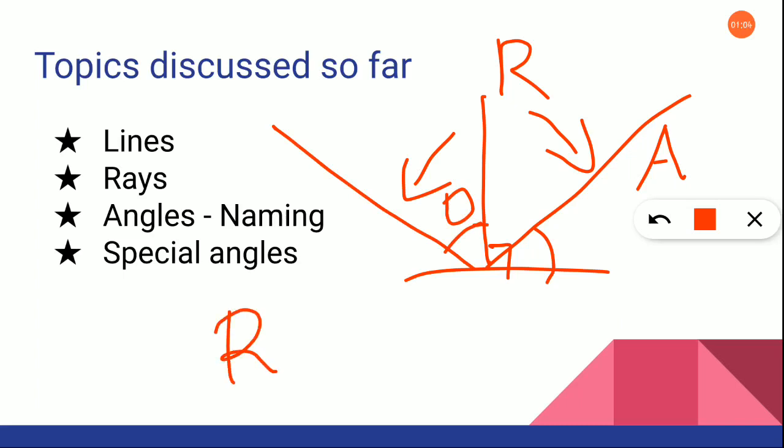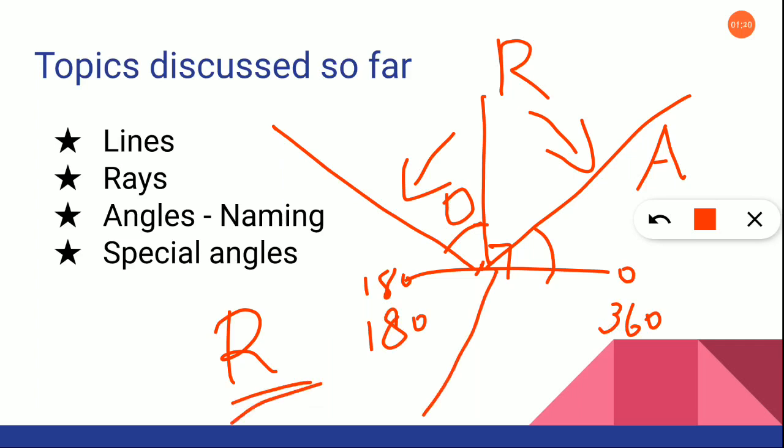If the angle is above 180, that is, here 0 to 180 is here, and then 180 to 360 is at the bottom. So all the angles above 180 are called reflex angles. Clear children? So this angle will be like this.